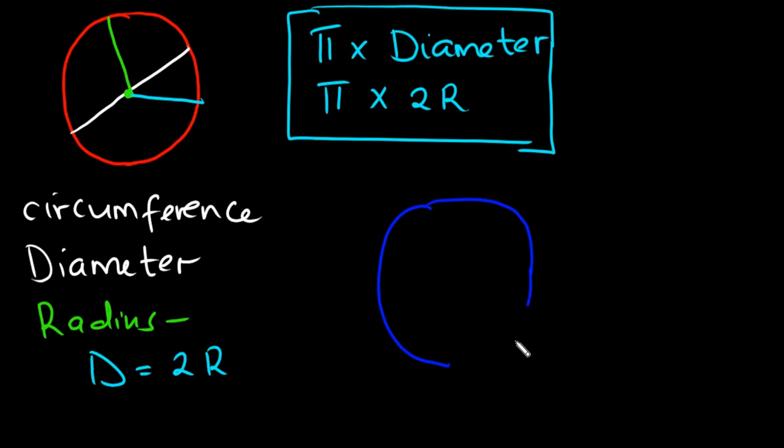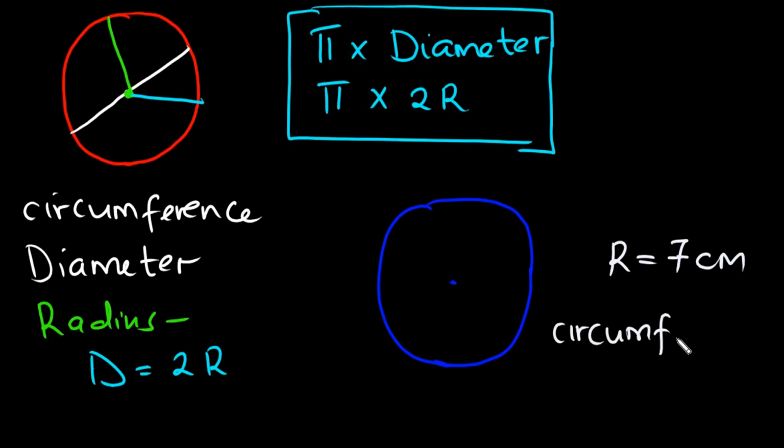Let's say that's a circle, and that's the center of the circle. This circle has a radius of 7 centimeters. What is going to be the circumference of this circle?